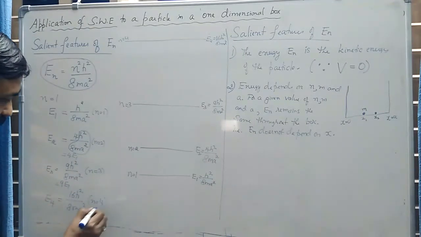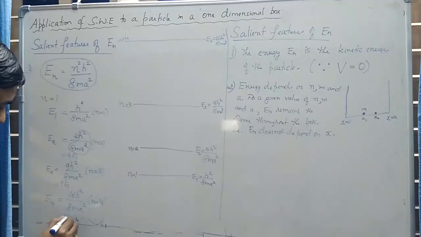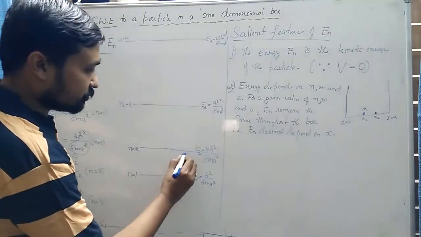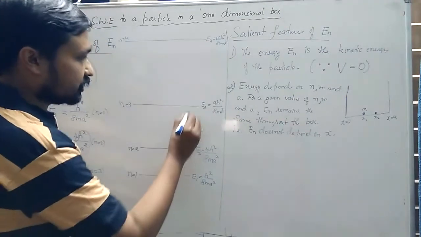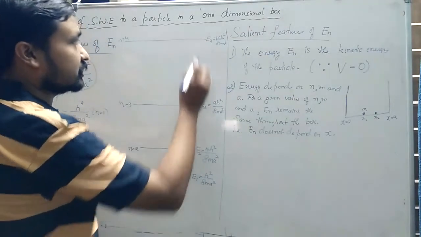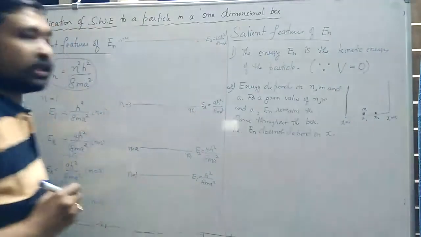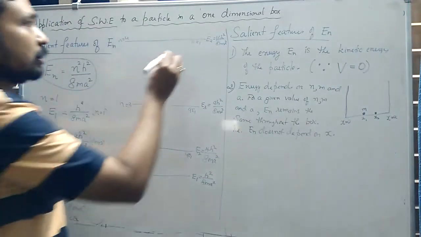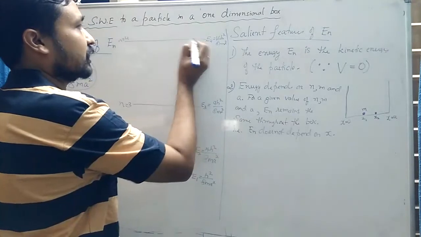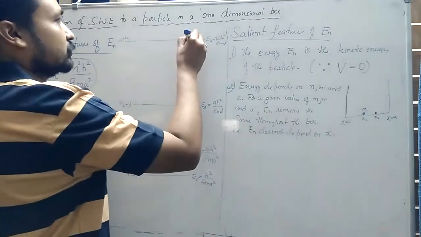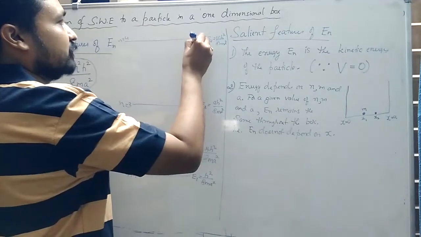So this is nothing but 16 times E1. So E2 is 4 times E1, this is 9 times E1, this is 16 times E1. So we are expressing all the energies of different levels in terms of the energy of the ground level.